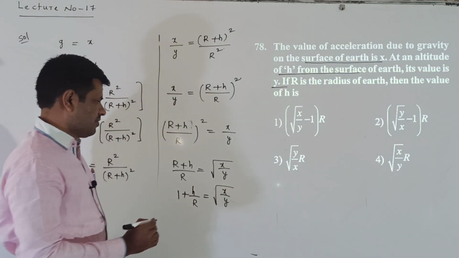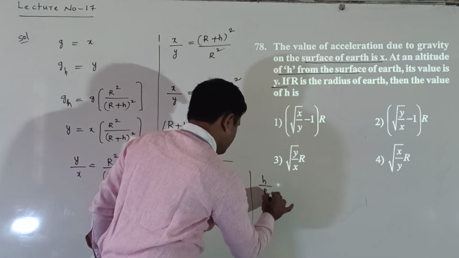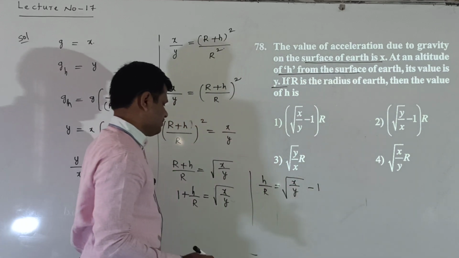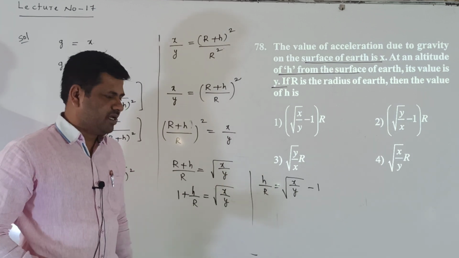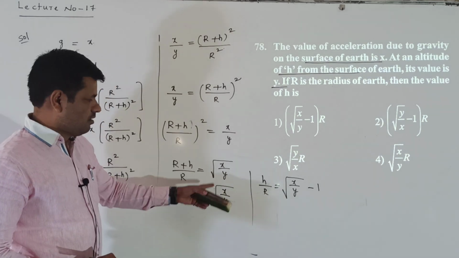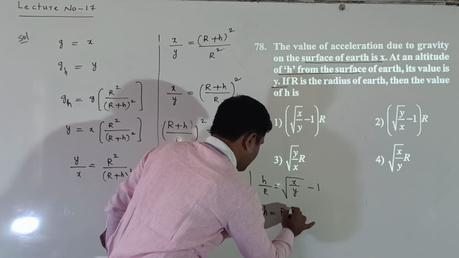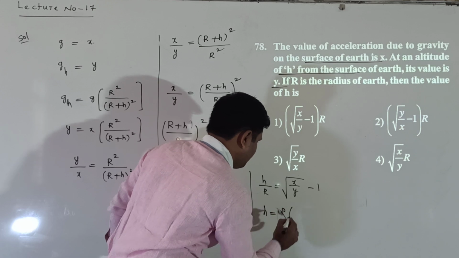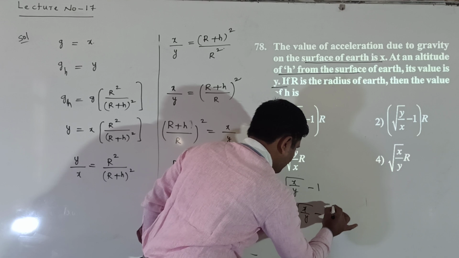Clear up to this one? Now h by R is equal to root x by y minus 1. H is required, so by cross multiplication h is equal to R into root x by y minus 1.